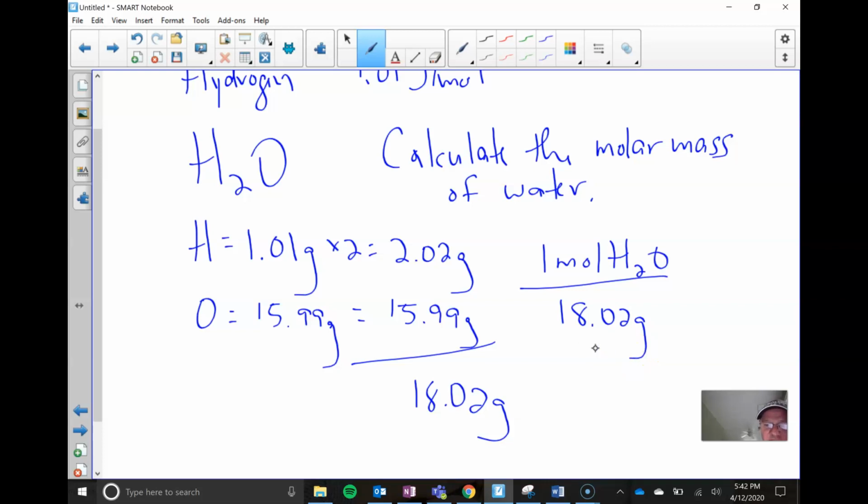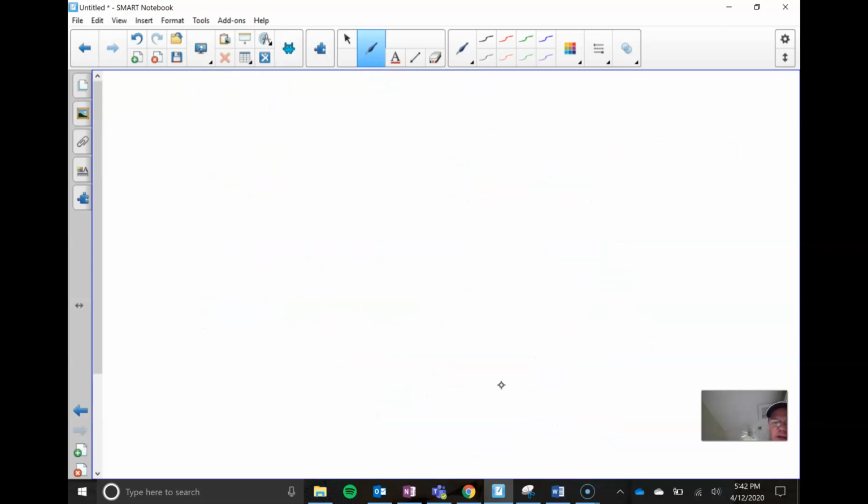That's the same thing as saying that the molar mass of water is 18.02 grams per 1 mole of water. All right. So calculating the molar mass is really just, it comes down to adding up the mass of all of the elements in a compound.